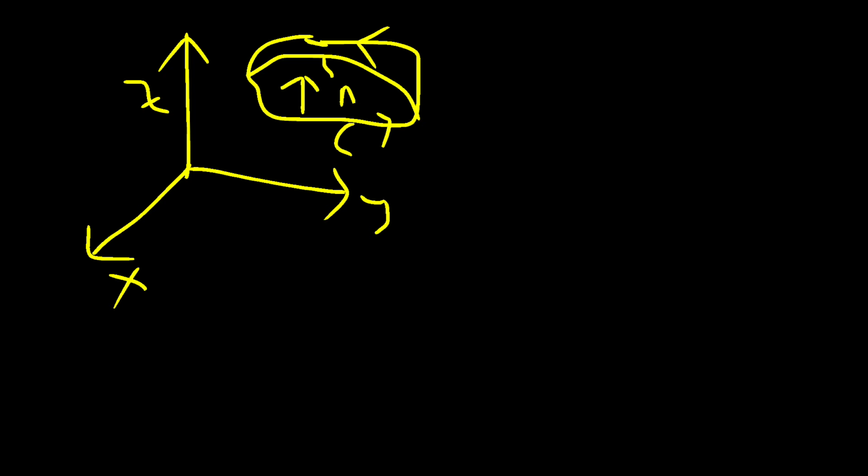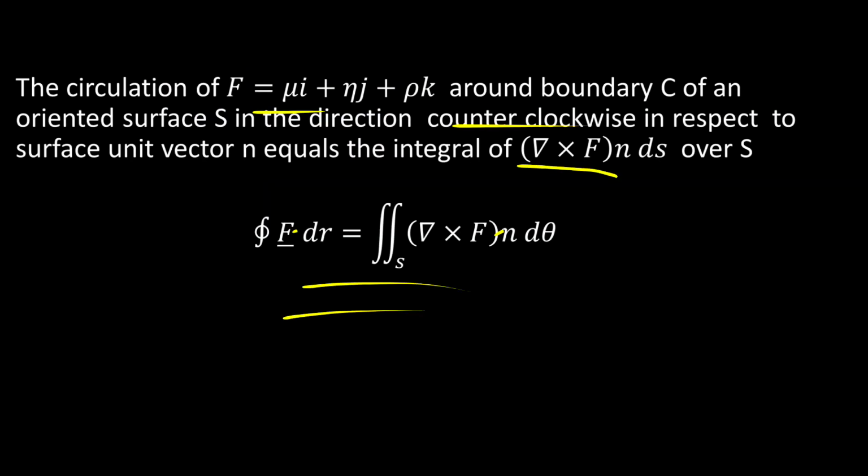It will mean that if you let S be an oriented piecewise smooth surface bordered by a simple closed piecewise smooth boundary curve C, as I've just demonstrated here, with a positive orientation, and F is a vector field whose components have continuous partial derivatives on an open region in space which contains S, then this relationship here will hold.